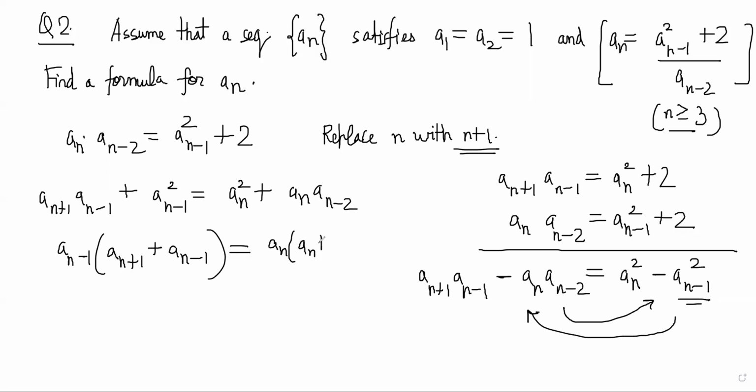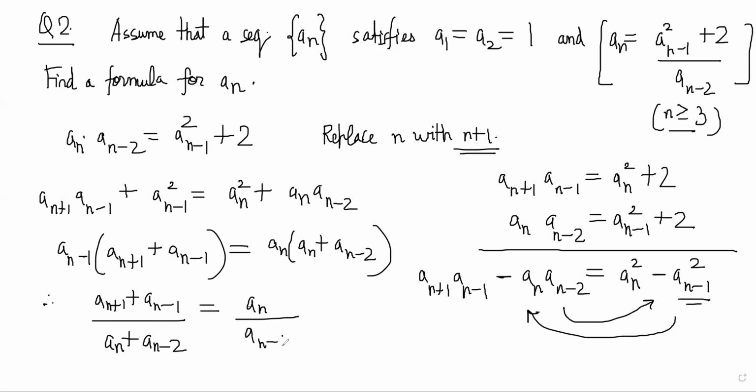We get a_n + a_{n-2}, right? So therefore, we have (a_{n+1} + a_{n-1}) / (a_n + a_{n-2}) = a_n / a_{n-1}. This is the equation we have gotten after all these simplifications, right?